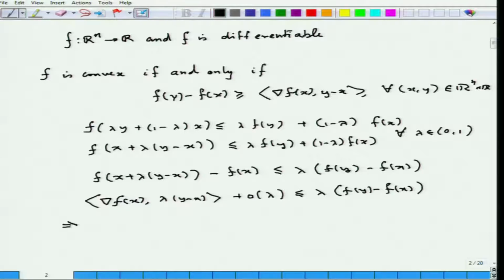So, this would imply that grad f(x) times lambda times (y minus x) plus o(lambda) is less than lambda times (f(y) minus f(x)). We will divide by lambda, as lambda is between 0 and 1, we can divide by lambda.